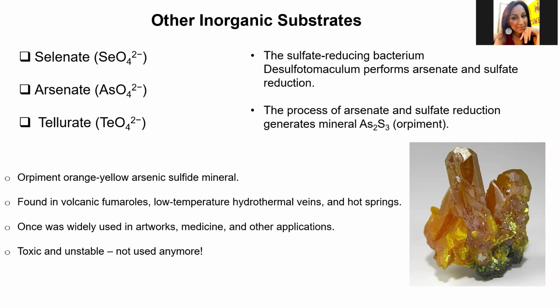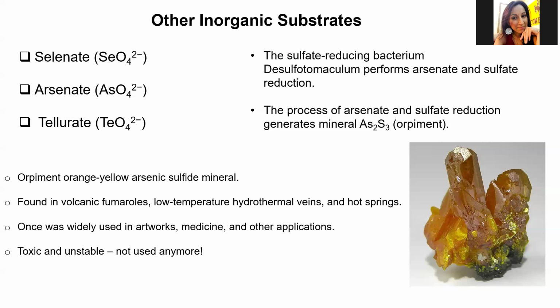So whenever you see something desulfo, that means it respires sulfate. So Desulfotomaculum auripigmentum is respiring arsenate, the poison, and sulfate. That's very cool. Why is it so significant and cool?